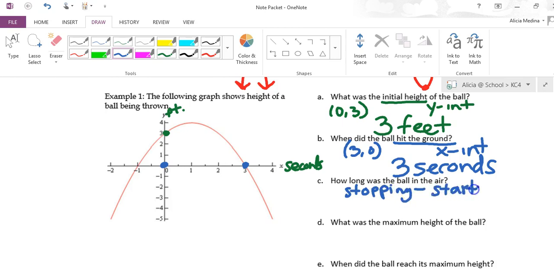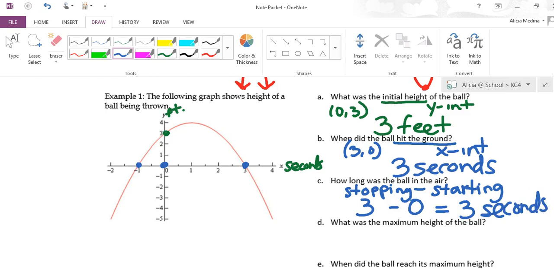Since the other x-intercept is over here and it's negative, you can only use where time starts. Time starts at 0. So our stopping is at 3, and our starting, well, time always starts at 0, unless our graph was shifted to the right, which means it was in the air for a total of 3 seconds.